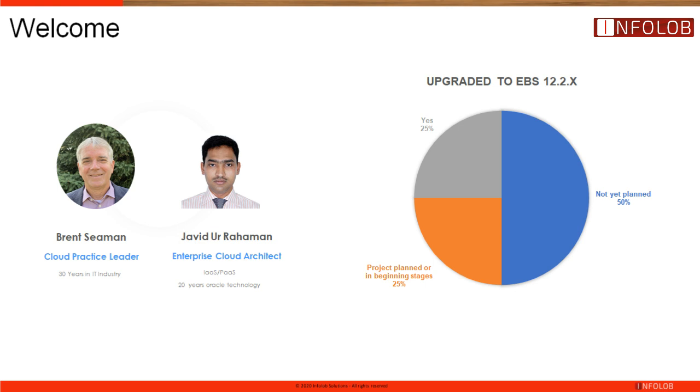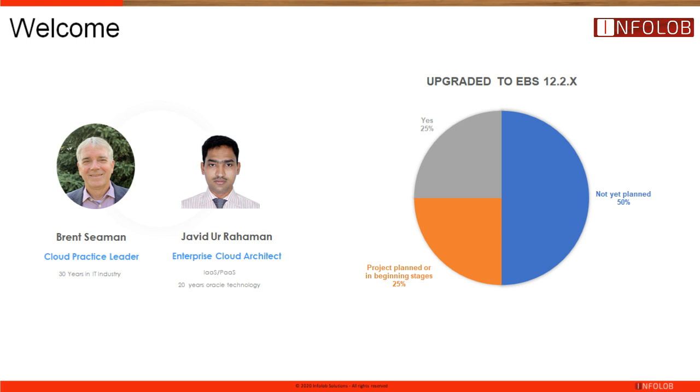On the last one, one of the main questions that was interesting was, of your applications that are installed, how old is your server infrastructure? Close to 60% of the respondents said that our server infrastructure is more than 5 years old. The one that caught my attention this time was just around EBS version.